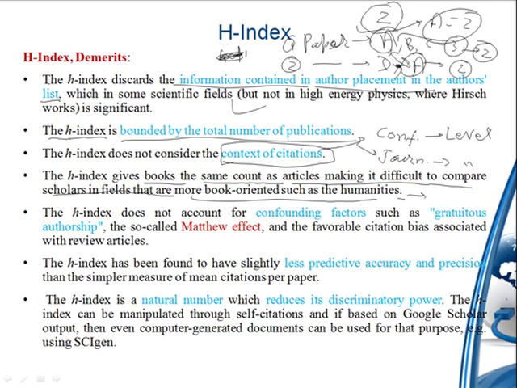Now another demerit is the H index does not account for confounding factors such as gratuitous authorship, the so-called Matthew effect, and favorable citation bias associated with review articles.